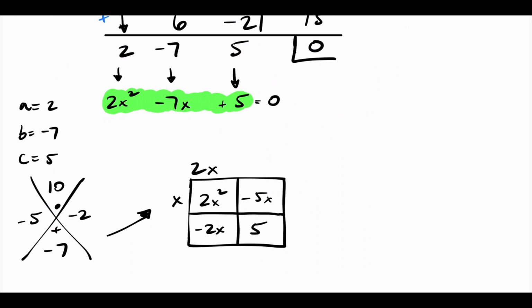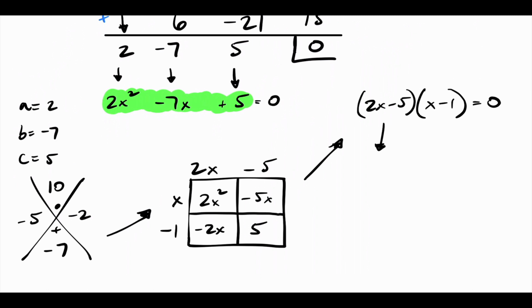I'm going to put the 2 on top because that goes in negative 1 and that goes in negative 5. Solve for x. Last step. Set them equal to 0. Solve for x. And I'll get my other 2 answers.